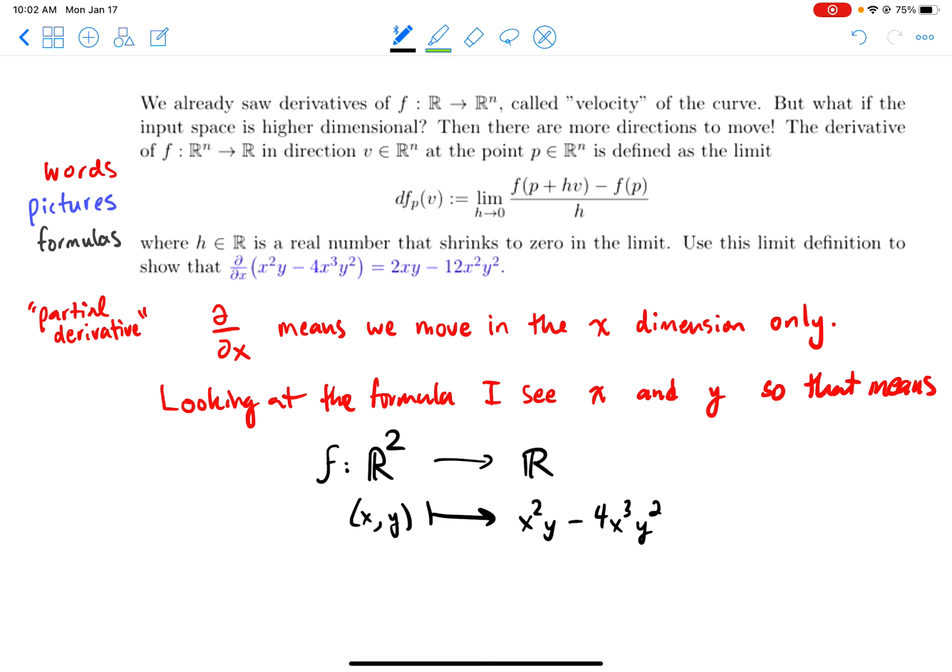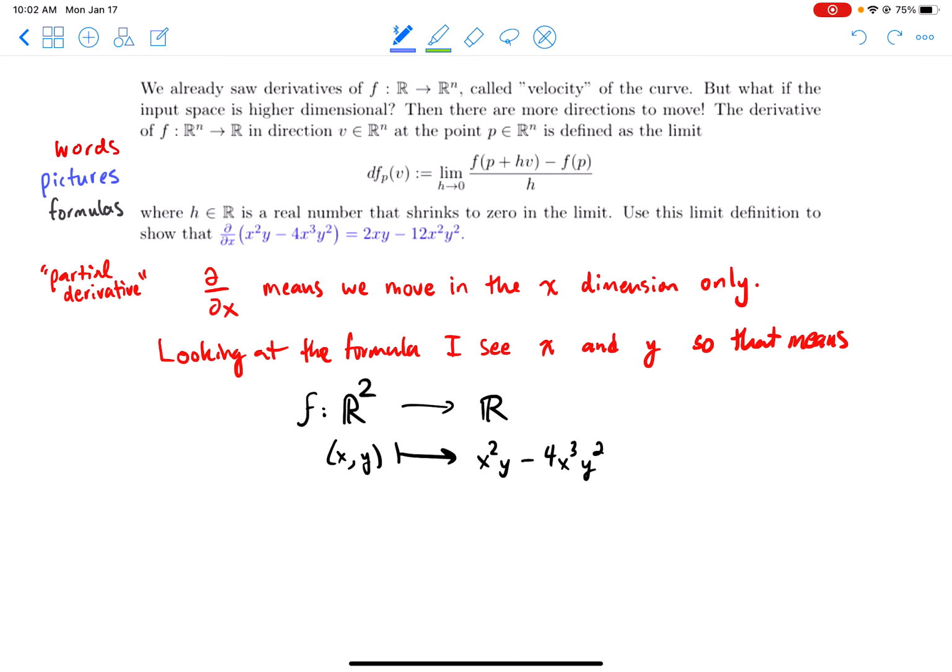Okay, now let's draw a picture, okay? This is completely new, so I don't expect you to understand really what's going on, but you'll see by the end. So here we'll add some pictures. Our input space is R2, and we usually say that the horizontal direction is x and the vertical is y. You could switch it up, but then people are going to be confused by you.